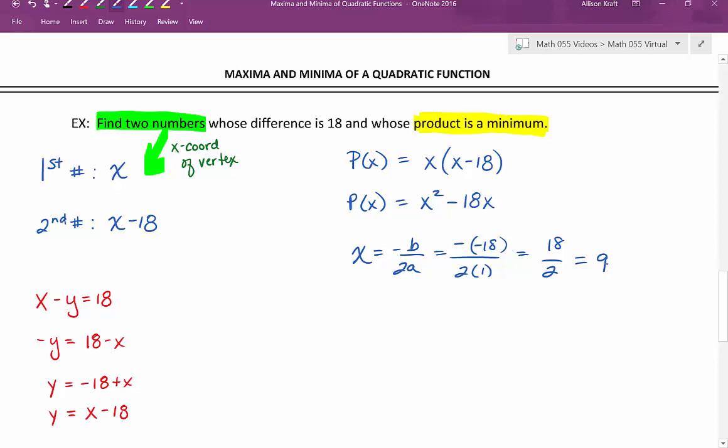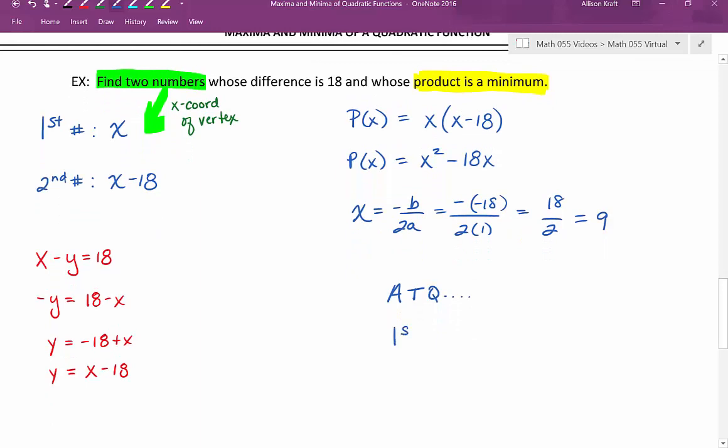But we need to actually answer the question. It said find two numbers. So let's answer the question, ATQ. The first number is going to be x, which is equal to 9.